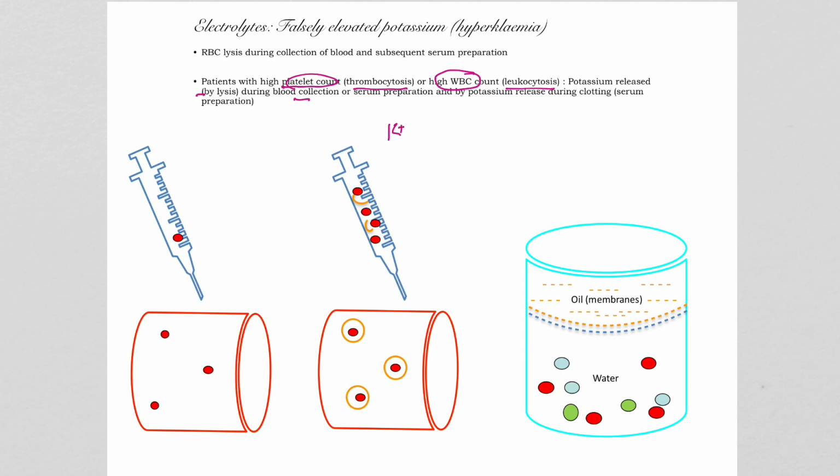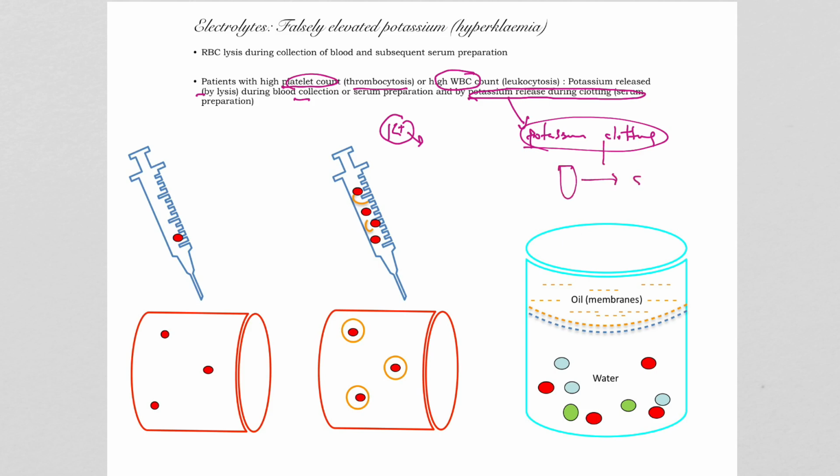And during the clotting process, potassium is also released. So not only does lysis release potassium, but the actual clotting does too, and the clotting happens when we take whole blood and make it into serum. Remember, we allow the blood to clot. This clotting process is also going to release a lot of potassium, leading to hyperkalemia.